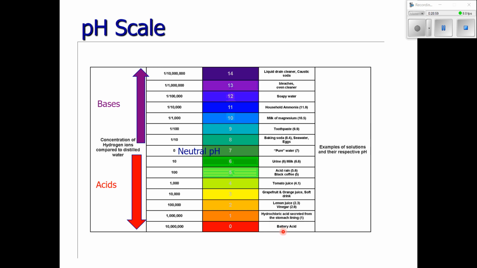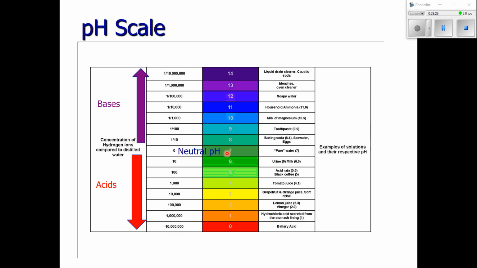It'd be terrible. Compared to, say, urine, which has a pH of 6, and it's just barely even an acid. It's a very weak acid. The lower the number, the higher the acidity. Or another way to say the same thing, the lower the pH, the higher the concentration of hydrogen ion.